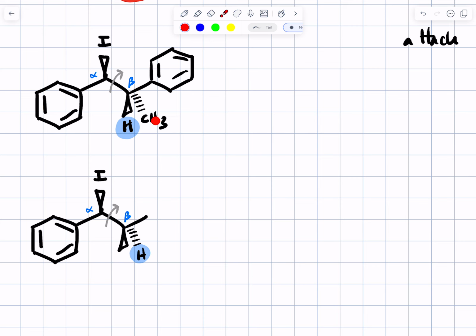The CH3, where's that going to go? Remember, I pushed the proton into the page. That's going to cause that CH3 group, which was already in the page, to swing up and now be here, right? So the methyl group goes here, and then the benzene ring goes where the wedge is.